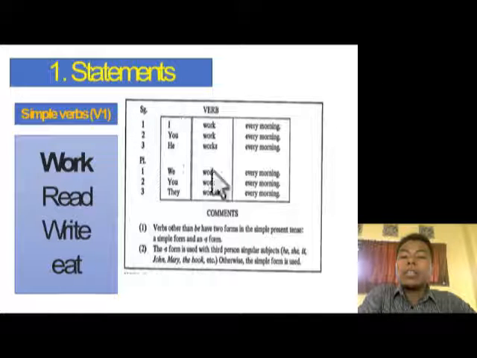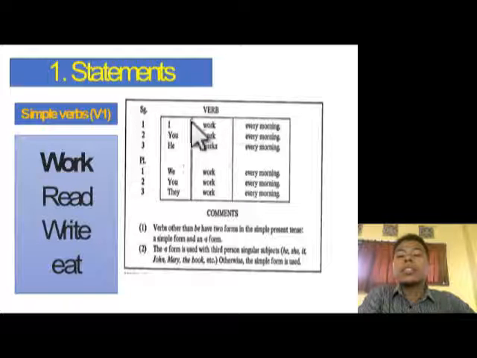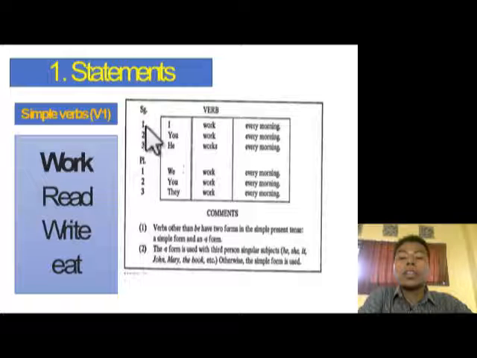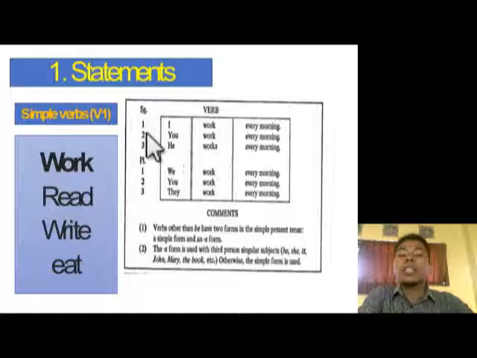In the table here, we will first learn the subjects of the sentence, such as I, you, he, we, you, and they. Here, the subjects in English are classified into two parts: singular subject and plural subject. Singular subject consists of three: first, second, and third singular subject.